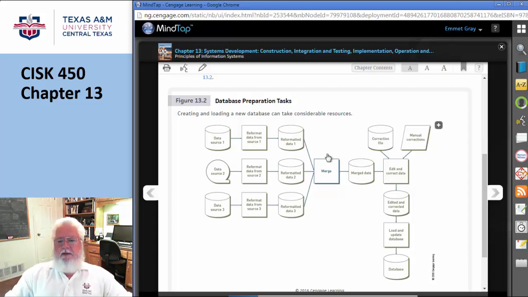Let me explain. Let's say you have a contract that's going to do all this. What the contract will probably read is that they are responsible for doing the data conversion, with a little asterisk that says, and the user is responsible for fixing any errors.